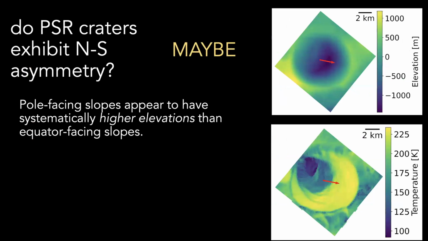So we do see potentially a systematic trend in these permanently shadowed craters with an asymmetry in the topography, where pole-facing slopes tend to have systematically higher elevations, consistent with there being more material deposited on these cold slopes.